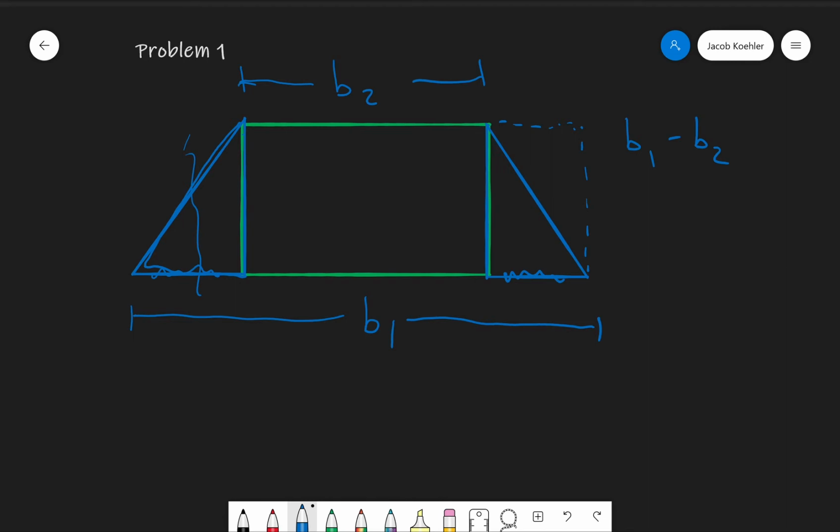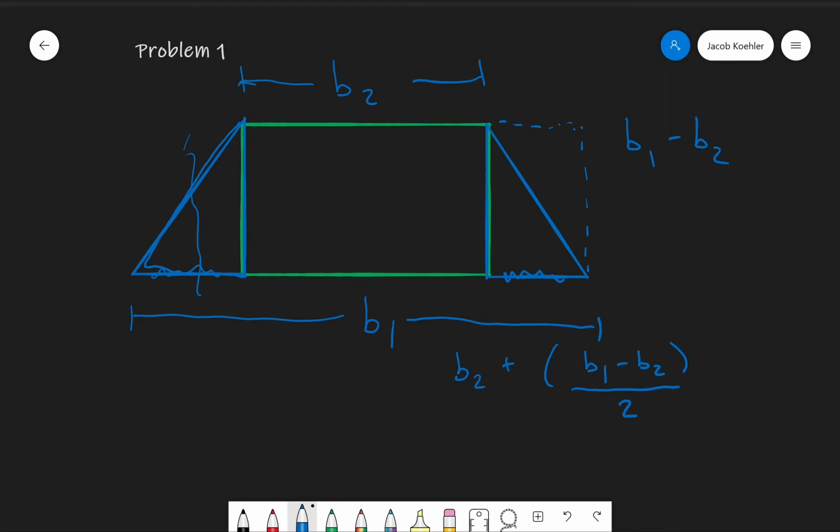So the question is, all right, well, this side is base 2. How much do I have to add to it to get this full side? Base 2 plus what? Well, that's base 2 plus the difference between base 1 and base 2, divided by 2.